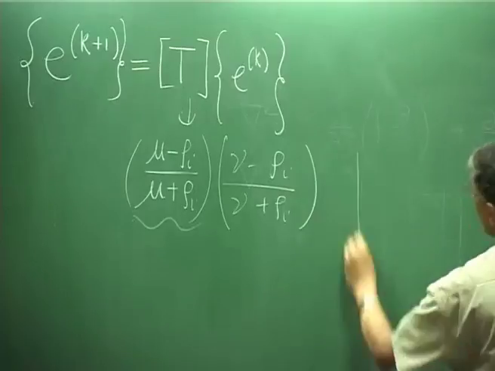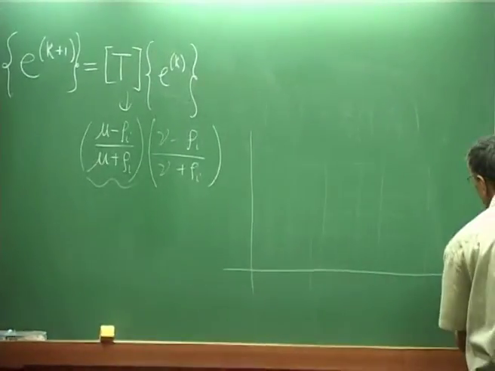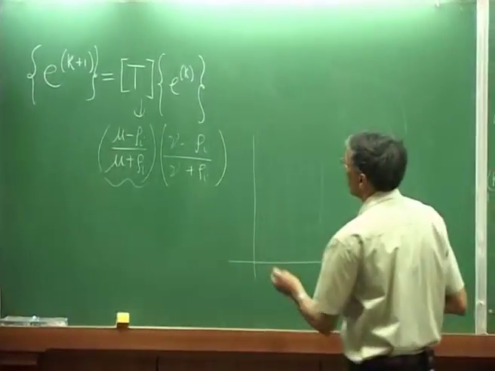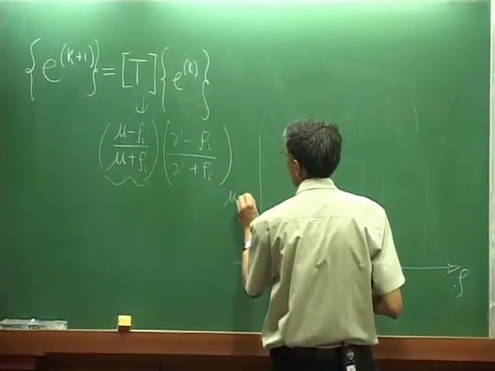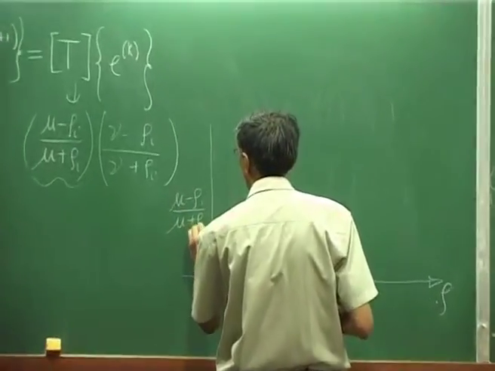Let me plot this. On this side, let me plot it as a function of rho, okay. And on this side I am plotting, let us say, mu minus rho I by mu plus rho I.